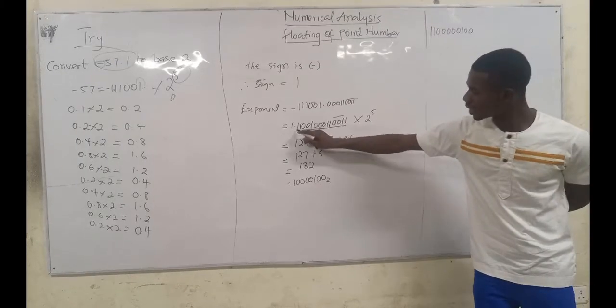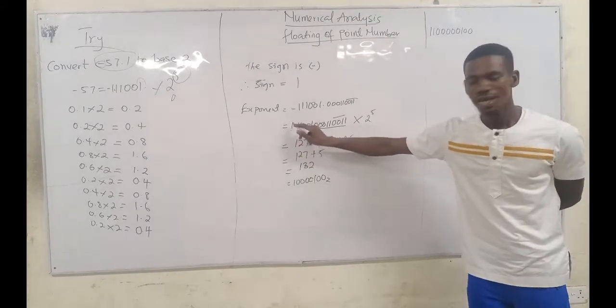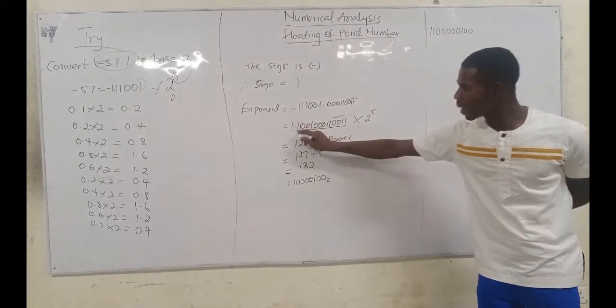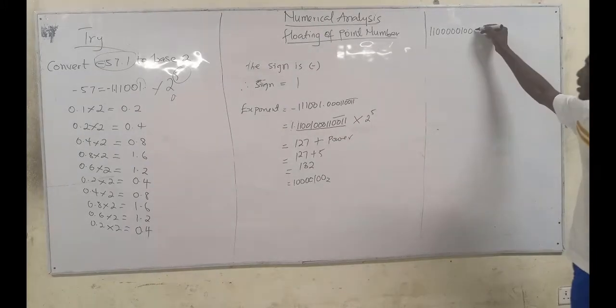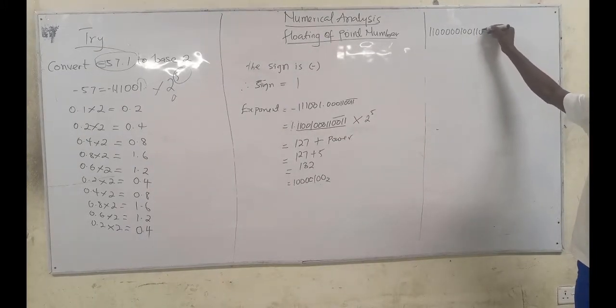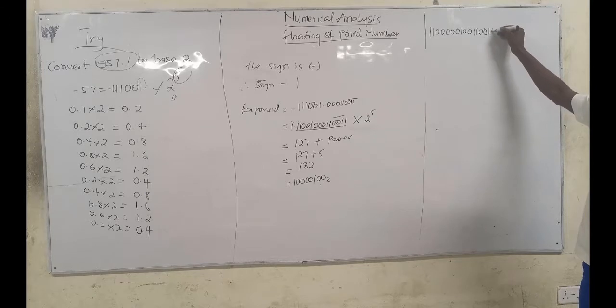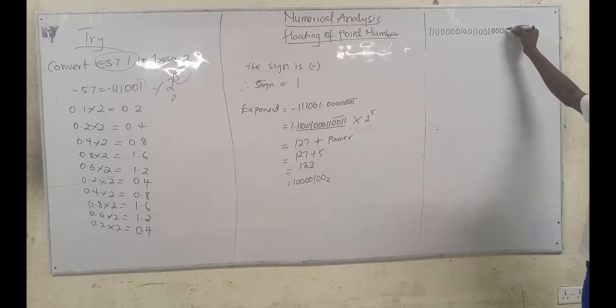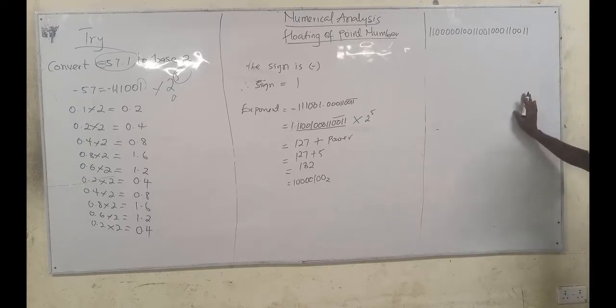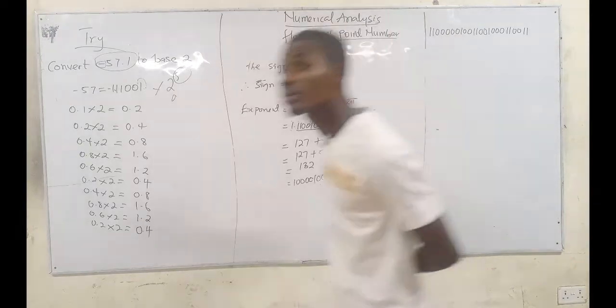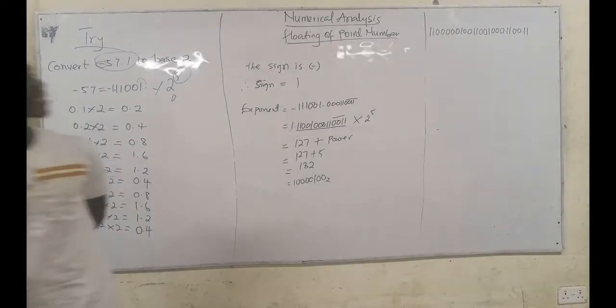So it starts from here. This one is not important. After the decimal point, you write all the numbers: 1, 1, 0, 0, 1, 0, 0, 0, 1, 1, 0, 0. Is that okay? The zeros.